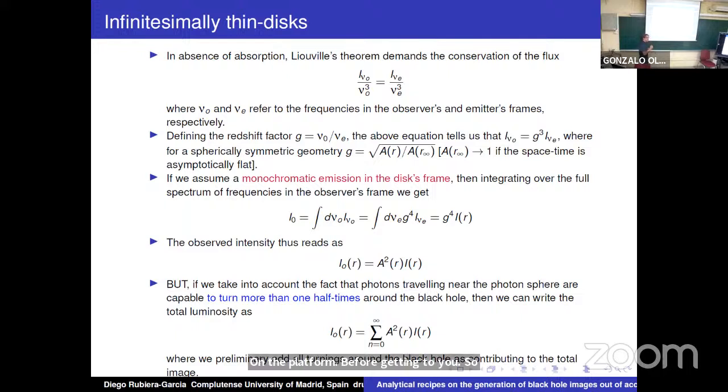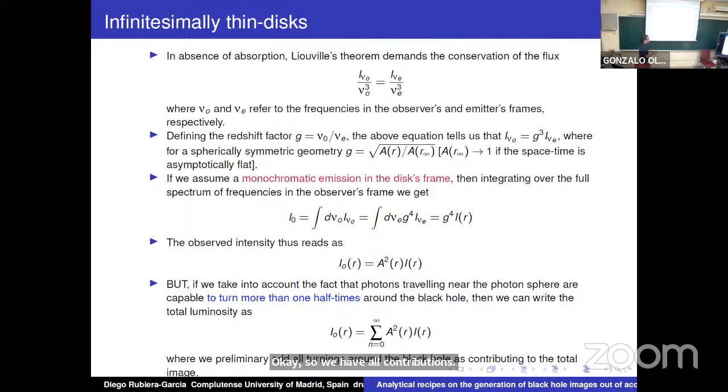So we must take into account that the photon can be emitted from the front of the disk, from the back, or from the front, traveling a few loops before getting to you, or as many loops as you want. So we have to add all trajectories. Here m means the deflection angle divided by 2 pi, the crossing integral. So it labels the number of half turns around the black hole. So we have all contributions.